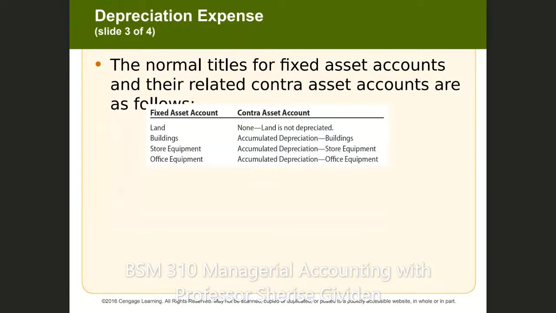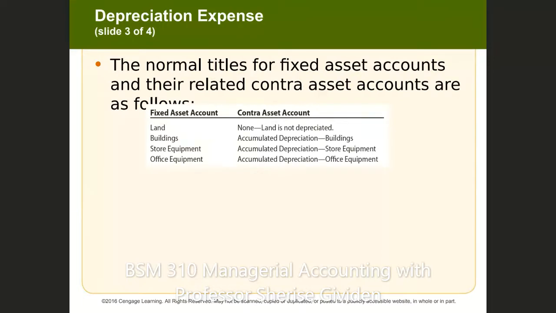Companies can name these accounts whatever they want, so some of these names may differ slightly. Instead of accumulated depreciation buildings, you could see accumulated depreciation building, accumulated depreciation GMC Fairburn campus, accumulated depreciation GMC Milledgeville campus. So the names can change as long as they still represent overall what it's supposed to be.